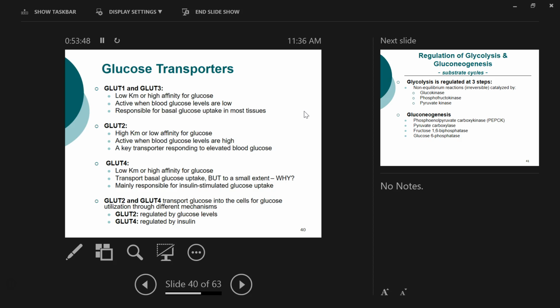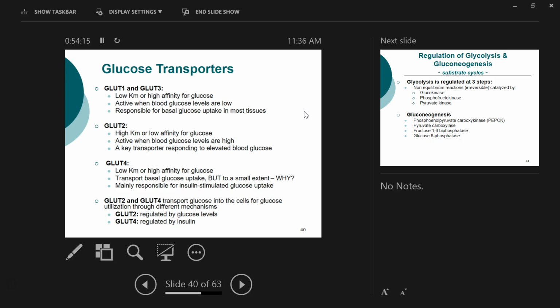GLUT1 and GLUT3 basically have a lower Km, or high affinity, for glucose. So that means the activation of GLUT1 and GLUT3 does not require very high levels of blood glucose, right?